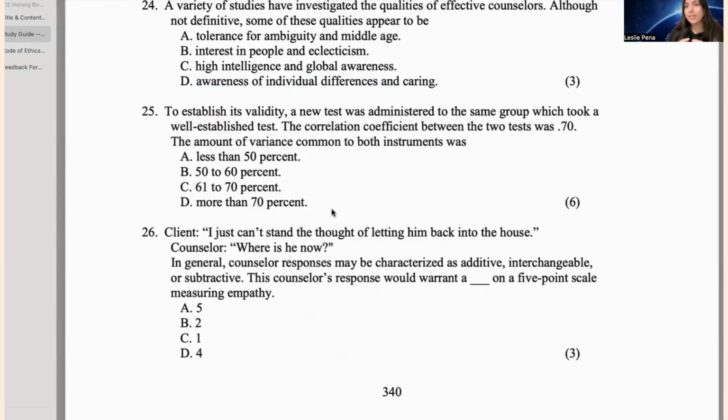This means that this is how similar they are. What they're asking you, variance, is their difference. What's the variance? 100 minus 70 would be 30. So that is 30%. Then your answer to this one would be A. It's less than 50% because it's 30%. At least that's how I understood it.